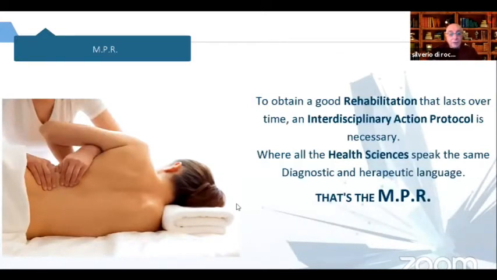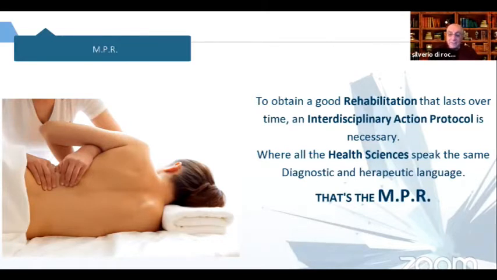We're talking about rehabilitation. To obtain a good rehabilitation that lasts over time, an interdisciplinary protocol is necessary, where all the health sciences speak the same language in diagnosis and therapy.